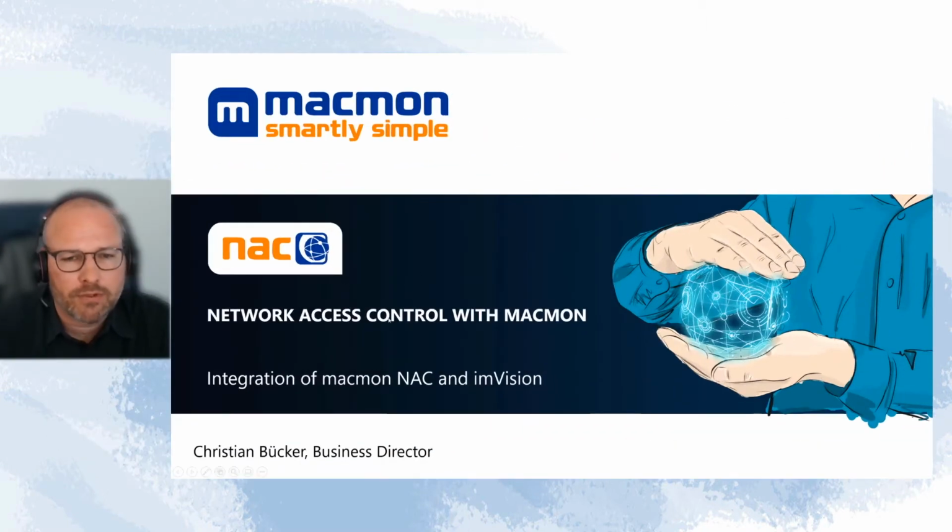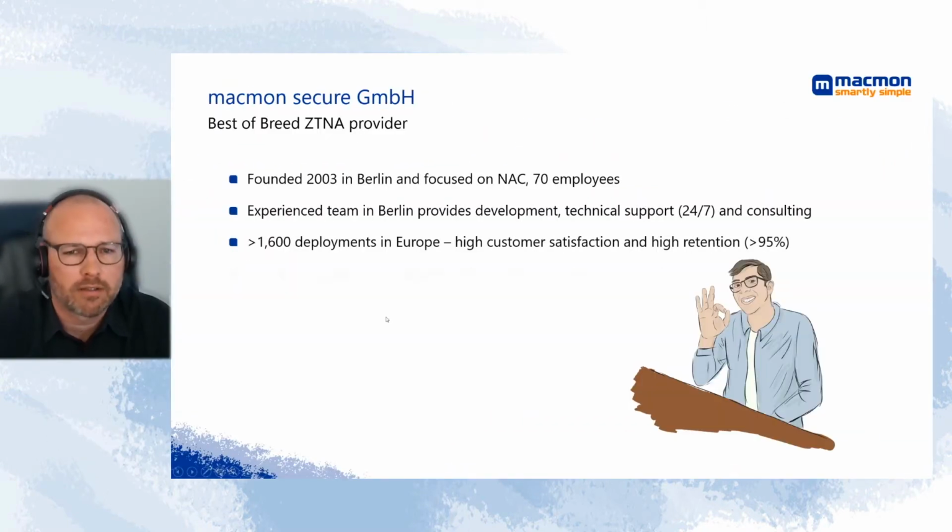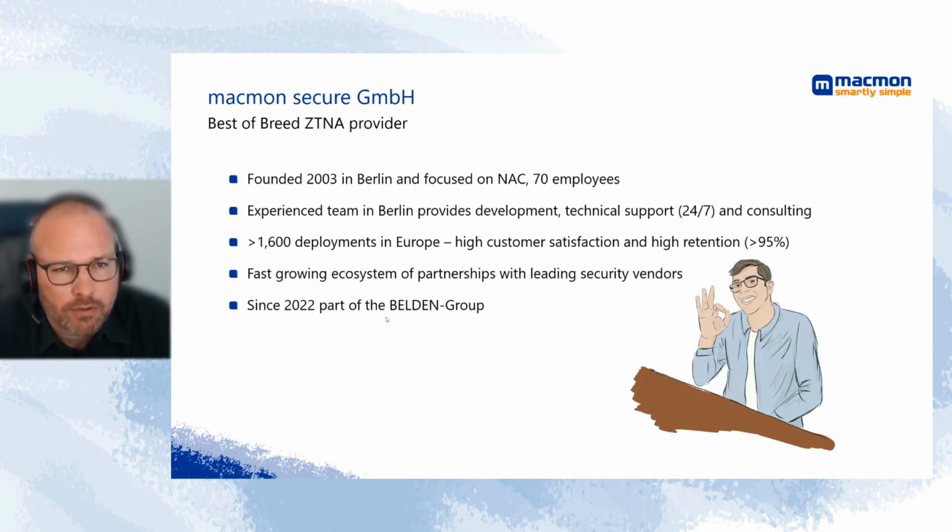So let me first of all give you a short introduction who we are and what we are doing. macmon Secure GmbH is a German company based in Berlin, and we're focusing on network access control. Right now around 70 employees, covering development, support, and everything here in Berlin.